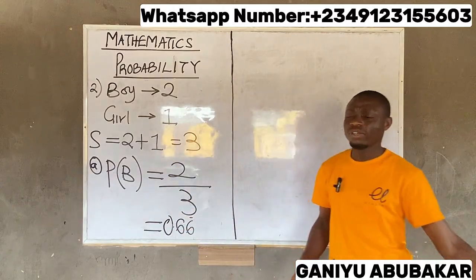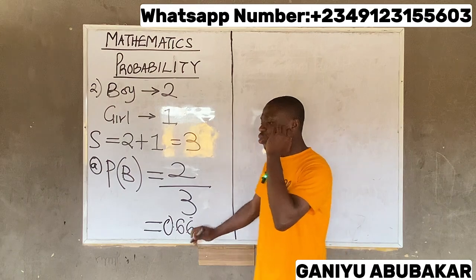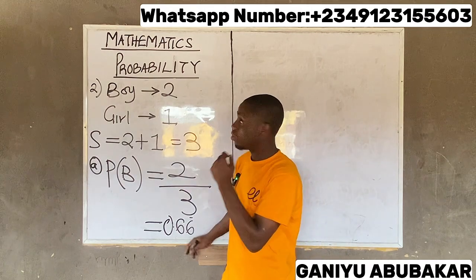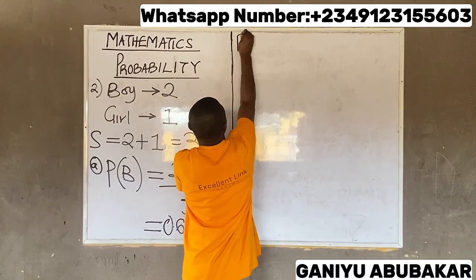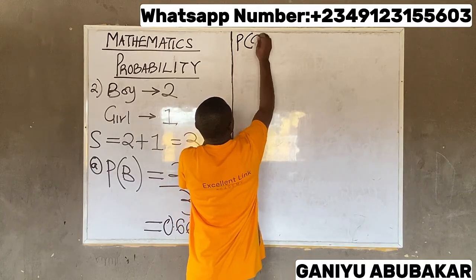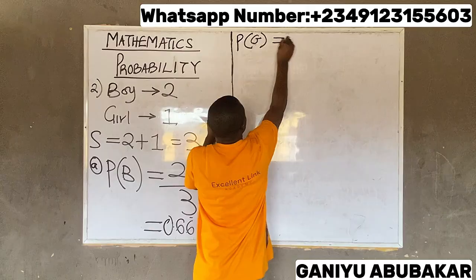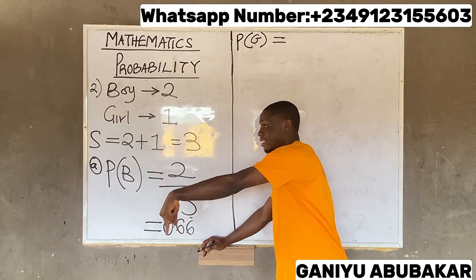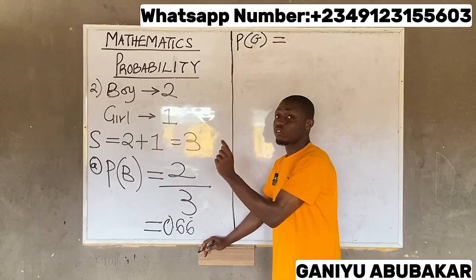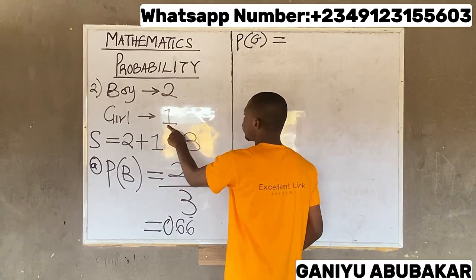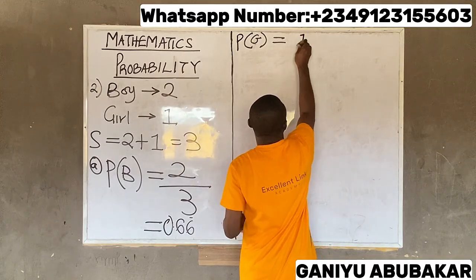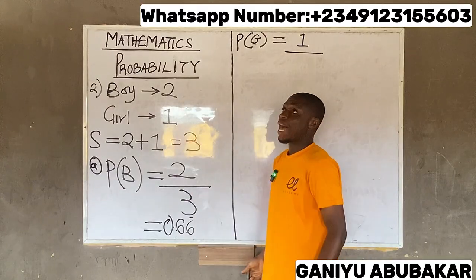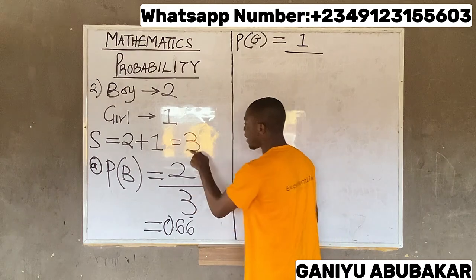But what if we are asked to find the probability of sponsoring a girl? So for a girl, what will it be? We take all possible outcomes of that event, that is, all possible outcomes for a girl. For a girl, it is 1 over the total outcomes, or the sample space, and that's 3.